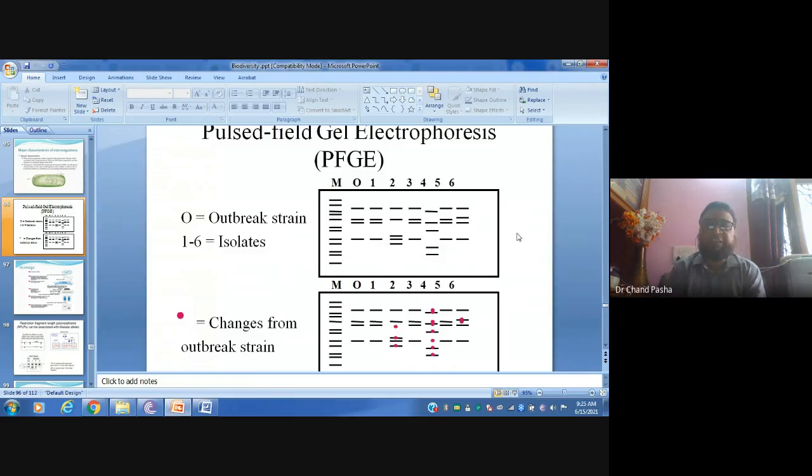Whereas in pulse field gel electrophoresis, there is also a temperature pulse. Sometimes temperature is added. See what happens if you heat the gel, if you heat the DNA. It gets melted.